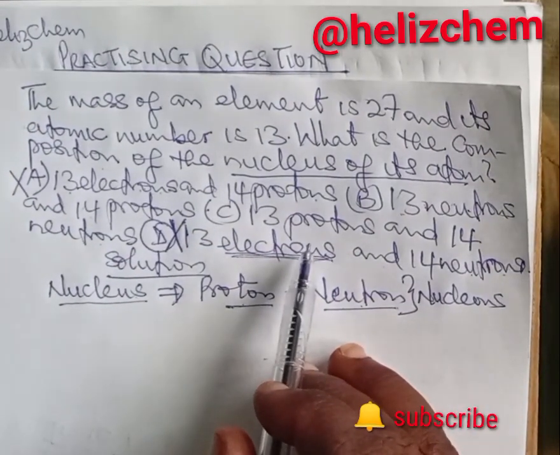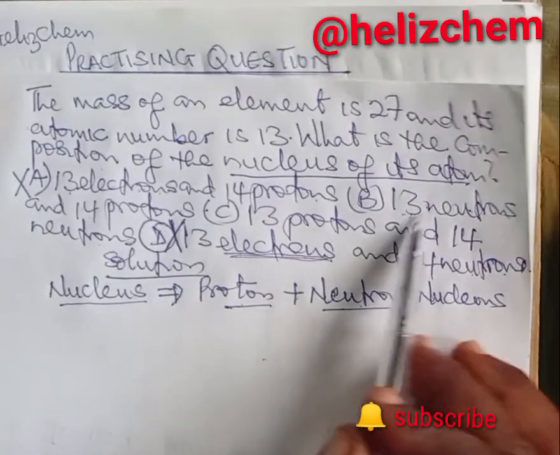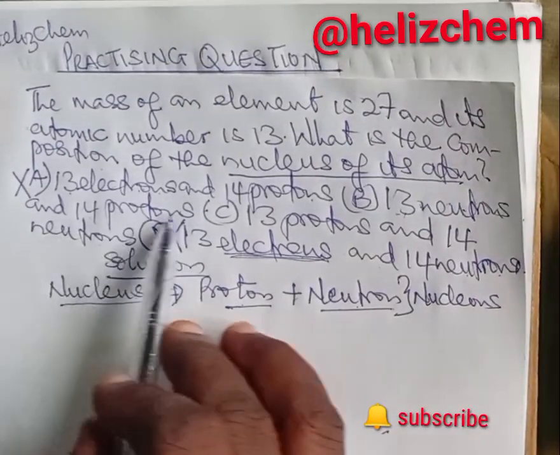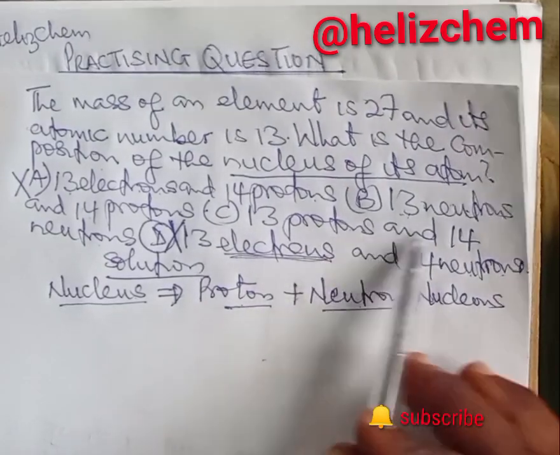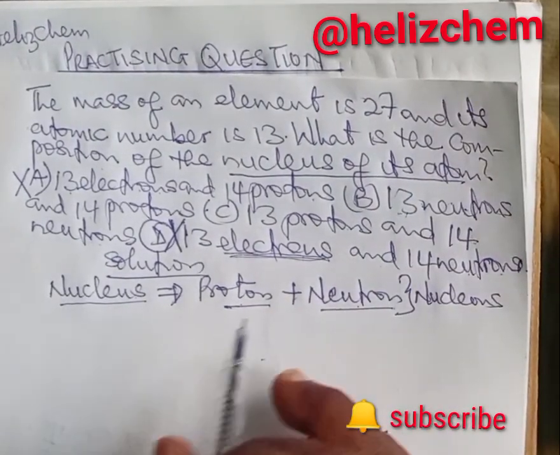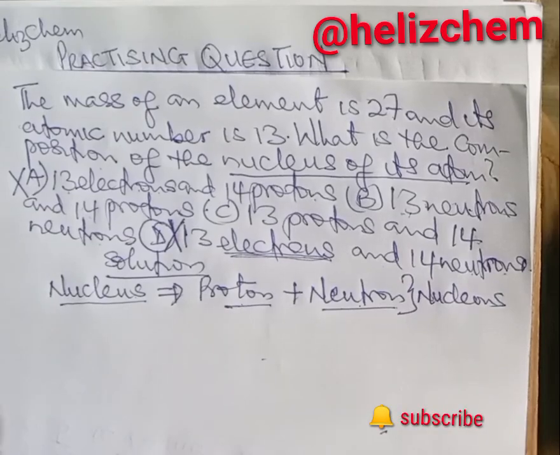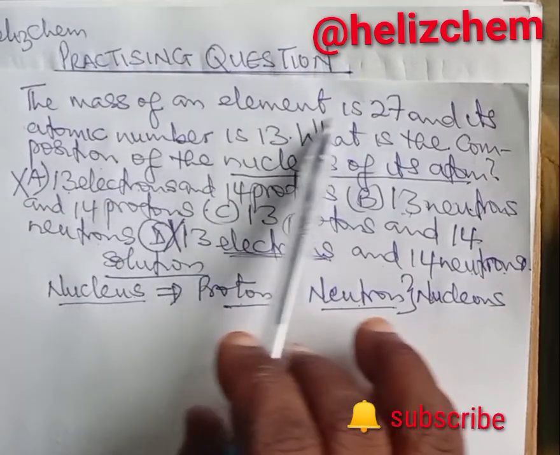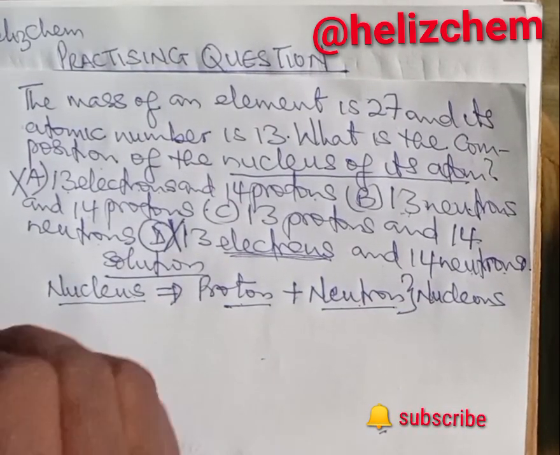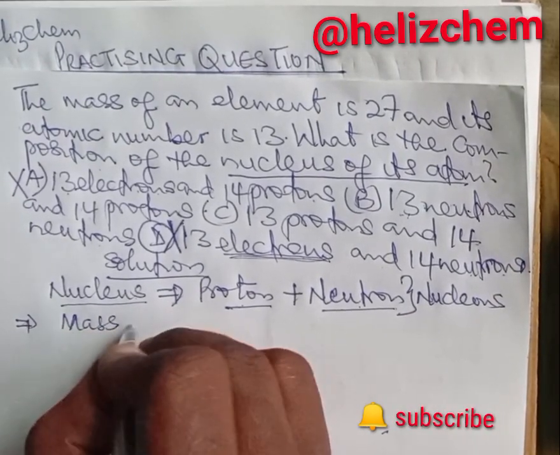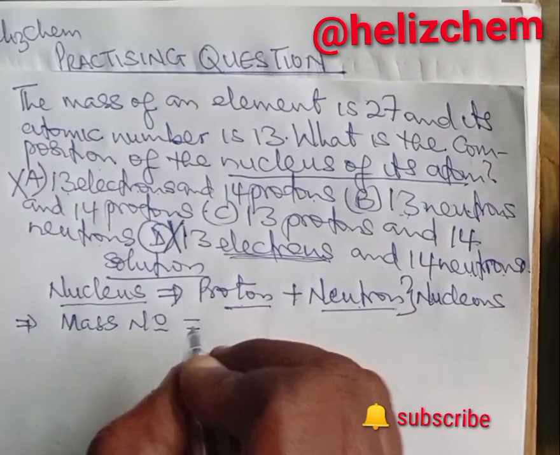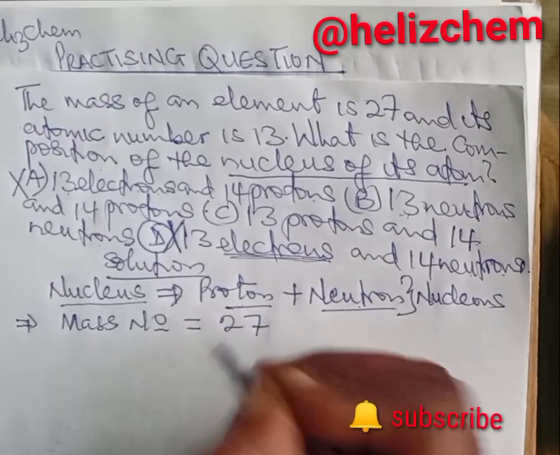So we are left with two options now. Option B, 13 neutrons and 14 protons. Option C, 13 protons and 14 neutrons. Now, how do we go about it? We are given the mass of an element to be 27. This implies that the mass number of that element is 27.